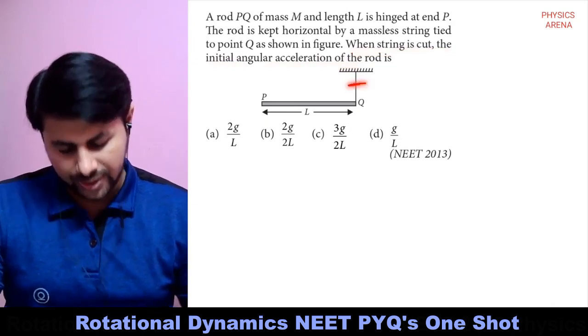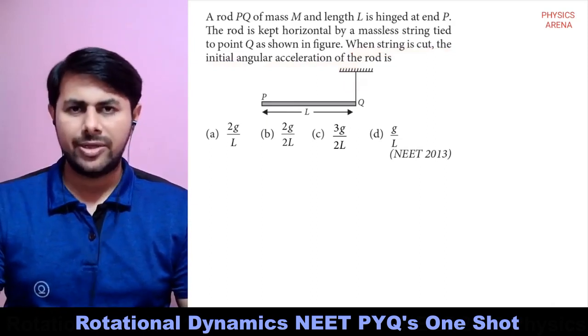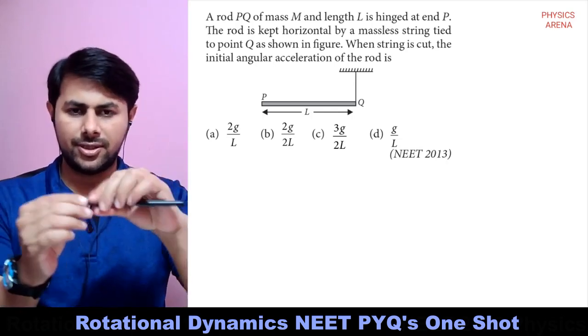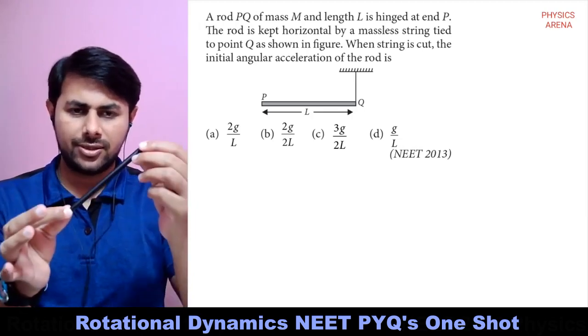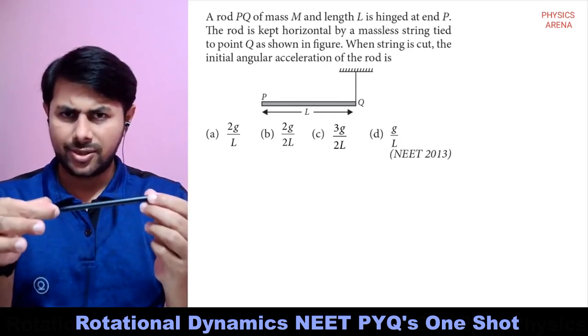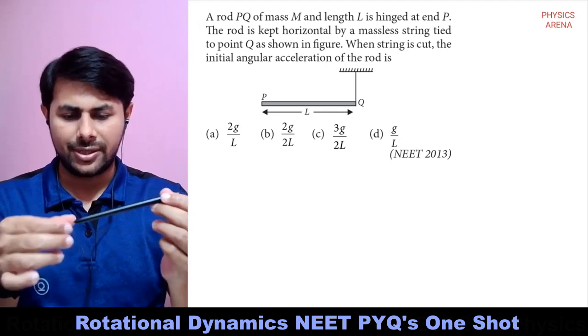So if you cut the string, what will happen? There will be some angular acceleration. So see, this is a rod, suppose it is hinged at this point. It is free to rotate about this point, but it is held at this point. So it will not fall from this point, right?